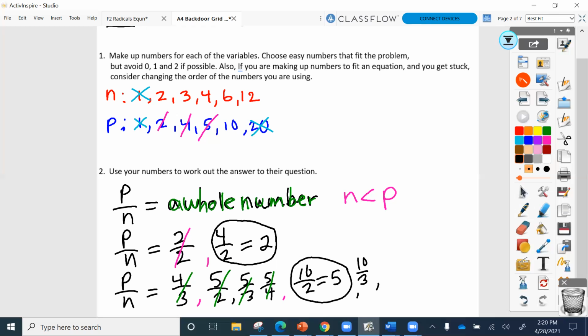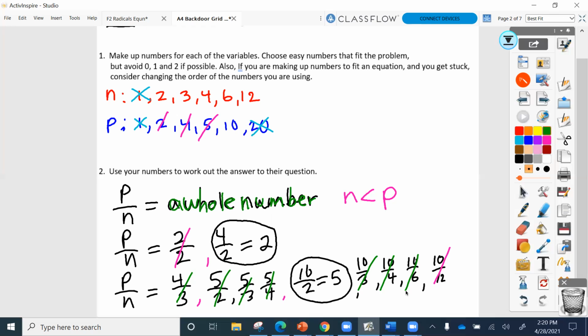Well, that's not a whole number. 10 divided by 4, that's not a whole number. 10 divided by 6 is 5/3. That's not a whole number. And 10 divided by 12 wouldn't work because the p is supposed to be less than the q, right? So the 2 possible answers that you could answer this with and get it right are 5.